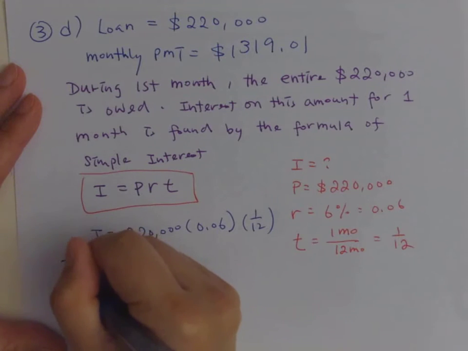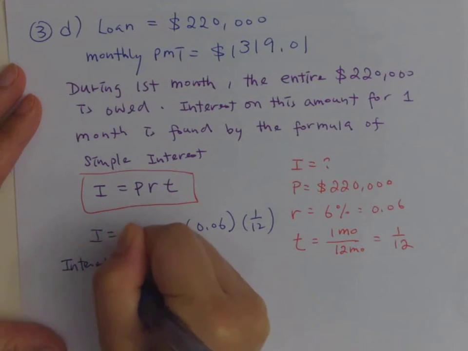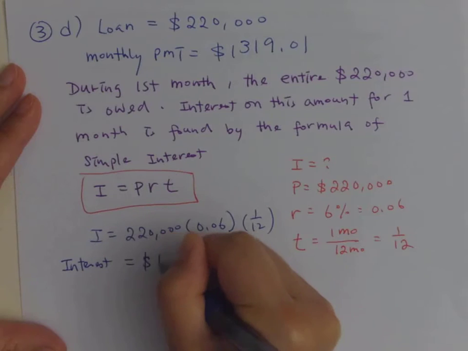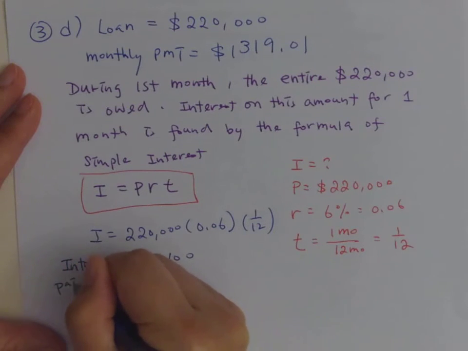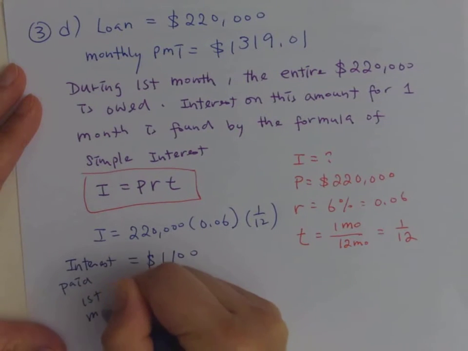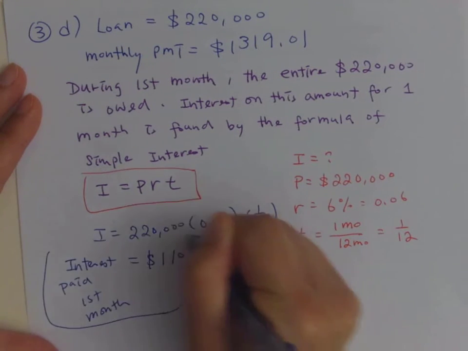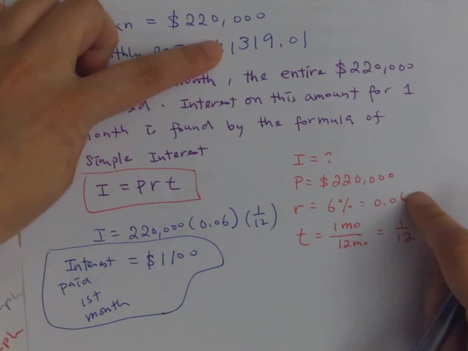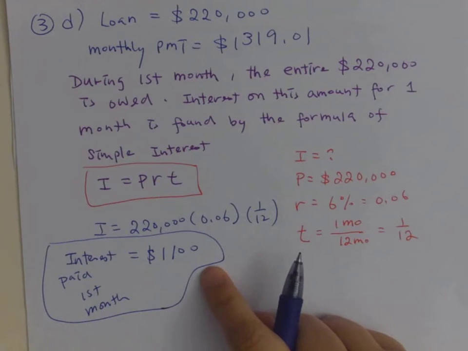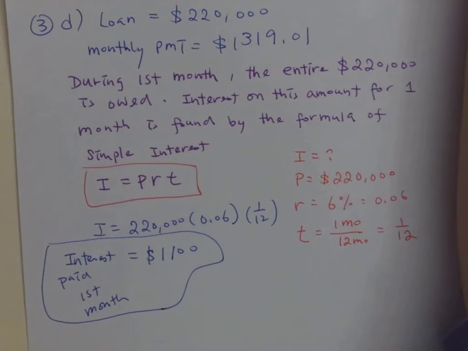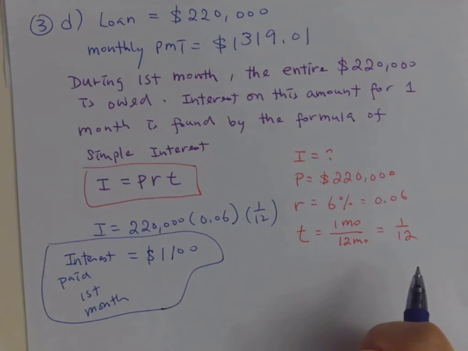So the interest equals $1,100 out of your payment, which is just $1,319, right? So most of the money went to the interest. Then they ask which part is applied to reduce the loan.